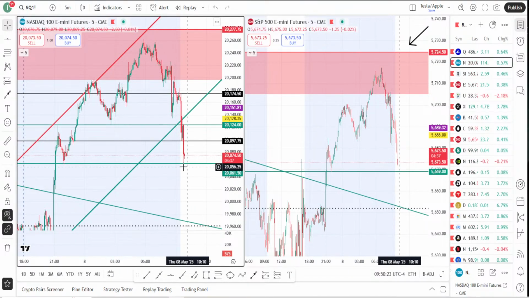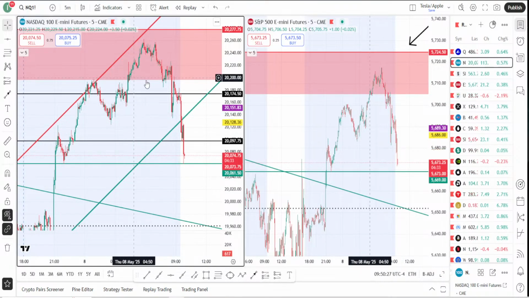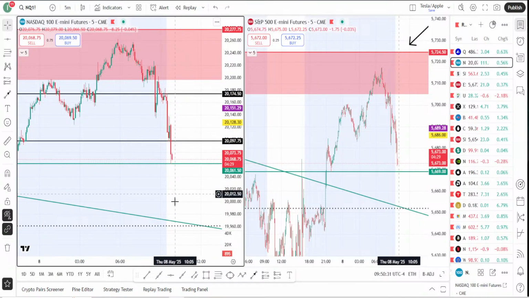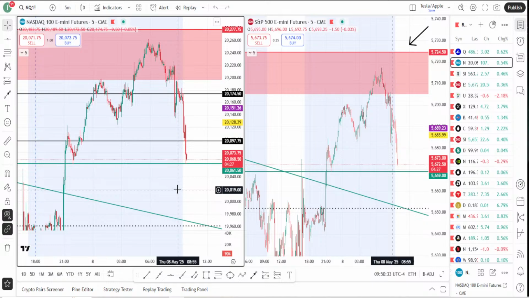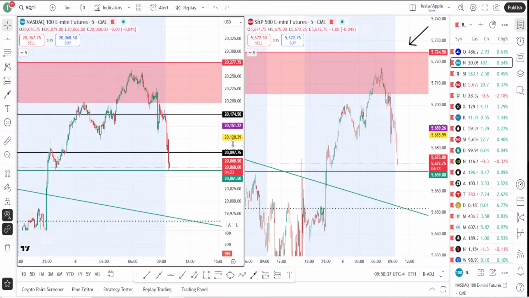All right, we're now at support. We can eliminate this one right here, and this channel right here, so we get a clear picture of where price wants to move next.